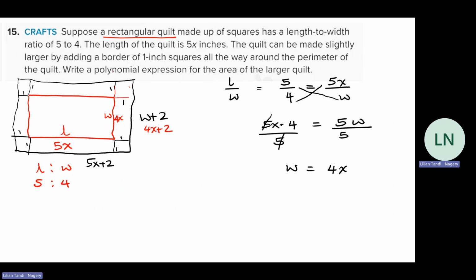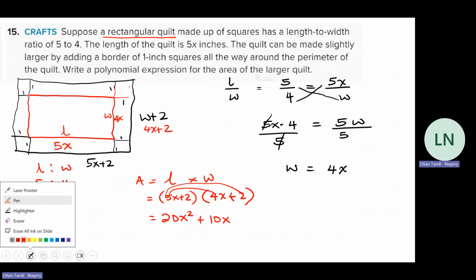Now that I know w is 4x, I will do 4x plus 2 and 5x plus 2. Now the question says find the area of the larger quilt, which is the black one. So area of a rectangle is length times width, which is 5x plus 2 and 4x plus 2. Then you multiply. 5x times 4x, 20x squared. 5x times positive 2 will be positive 10x.